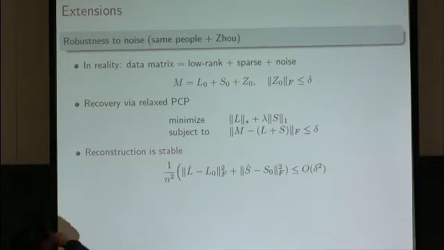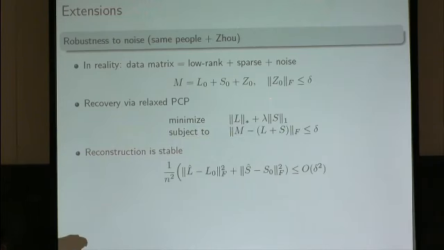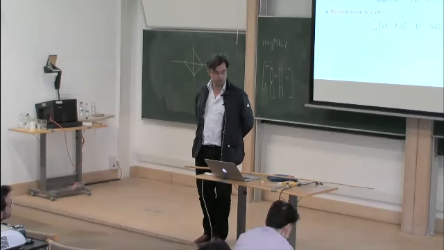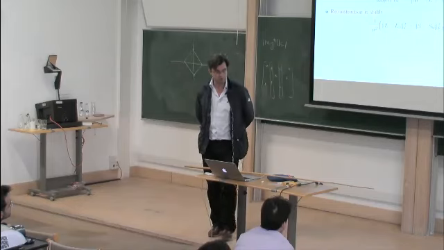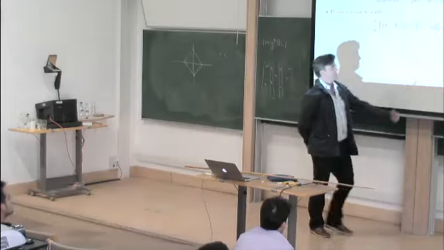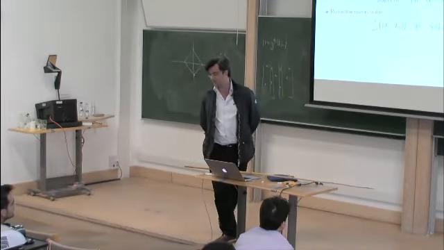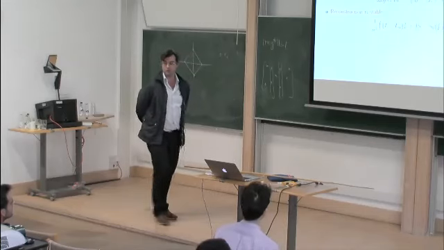This is an extension in a paper by the same workers plus Zhu, where we showed that if you have small noise, then you should not enforce that M equals L plus S. You should just have a constraint that is a bit more relaxed, and you minimize the same thing, of course. In this case, it's hopeless to think that you could get perfect recovery because you have small noise contaminating all the entries. But what you get is a recovery error which is within the noise level of the small noise. So in practice, this will accommodate a lot of statistical models.